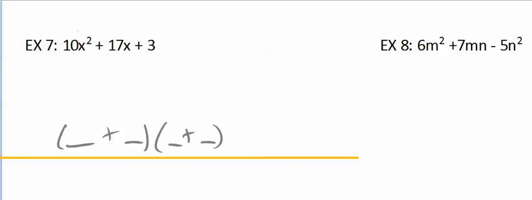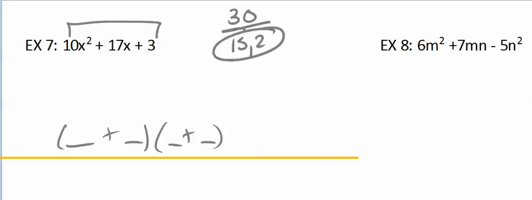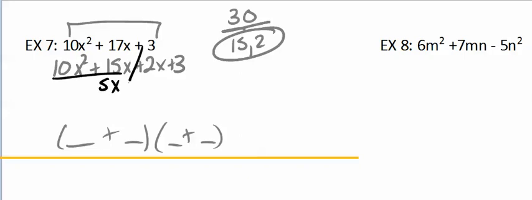Or you can use factoring by grouping by doing 10 times 3, which is 30, finding a factor pair that equals the middle number, and then making 4 terms. So 15x plus 2x plus 3, splitting it down the middle, taking out the GCFs.